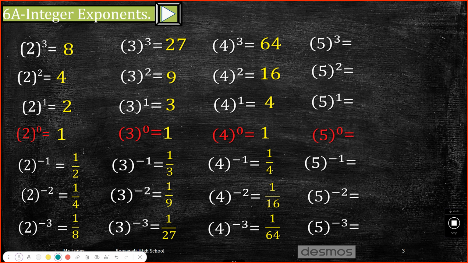What's 5 to the third? 125. 5 squared. 5 to the 1. 5 to the 0 power, 1. 5 to the negative 1 power, 1/5. 5 to the negative 2, 1 over 25. 5 to the negative 3, 1 over 125. And it goes on and on with 6, 7, and all of them.